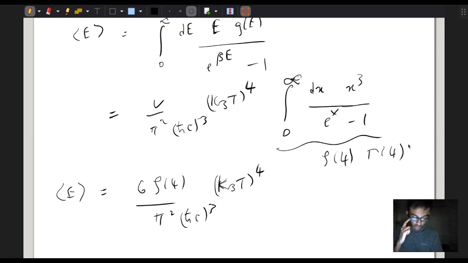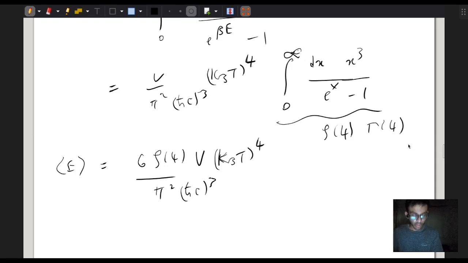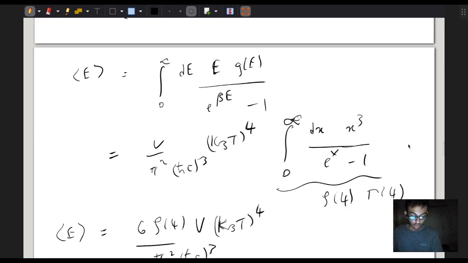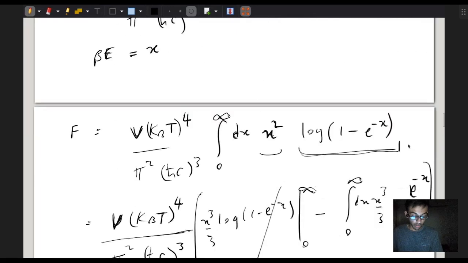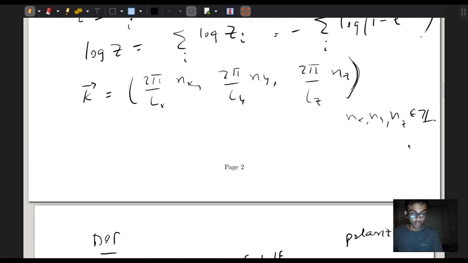The energy density in a box of photons goes as the temperature raised to the power 4. So this is the Stefan-Boltzmann law. Now let's calculate one more quantity and we'll be good to find what is asked in the question.